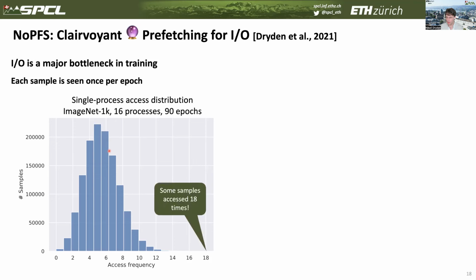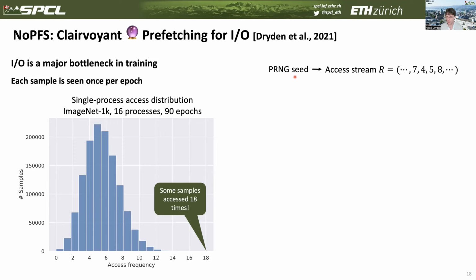However, there's a very long tail here. Some samples are accessed a lot more frequently, and we can use this disparity to do caching and to cache the samples that are accessed most frequently by a processor. And to do this, we take advantage of the fact that we're not actually doing random sampling. We're doing pseudo-random sampling. We are using a pseudo-random number generator, and we know the seed.